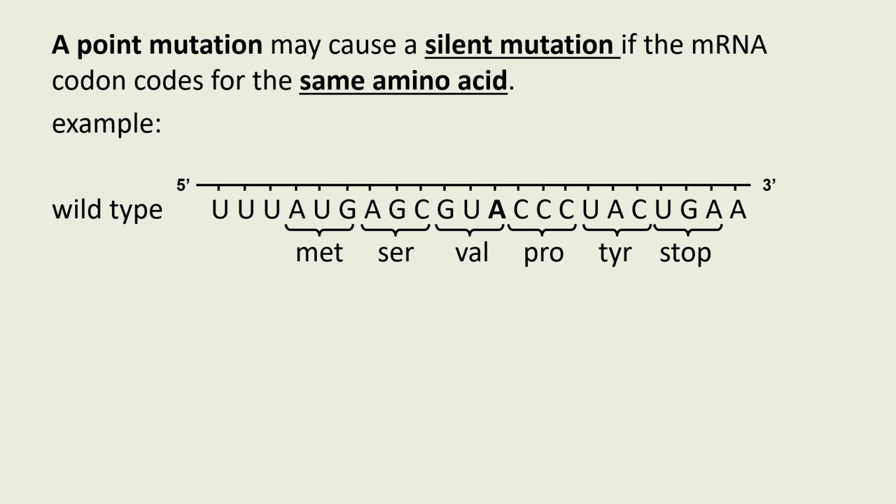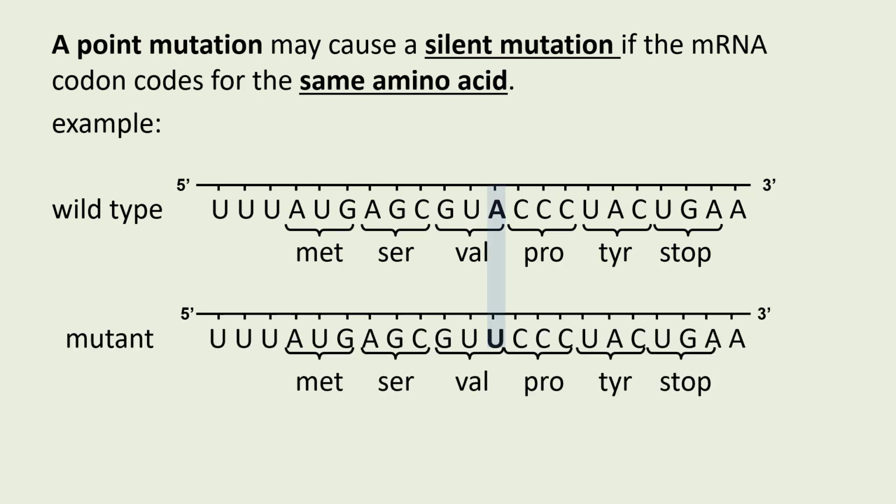Now let's change an alanine. I've highlighted this alanine right here. Now, like the wild-type strand, the ribosome starts reading the codons at the AUG start codon.